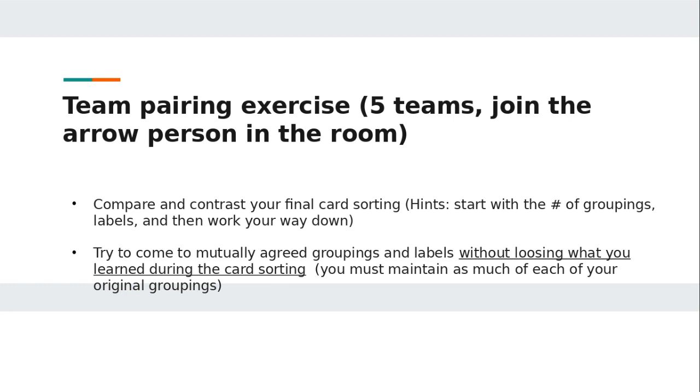And then Leah, let's say you're in your room, you can take your card sorting, and you can be the first one to say, here's our card sorting. Maybe talk about your card sorting and what you found. Then someone else in your team will say, here's our card sorting and here's what we found. Then talk about it and see, do we think there's even room to come to one common card sorting?